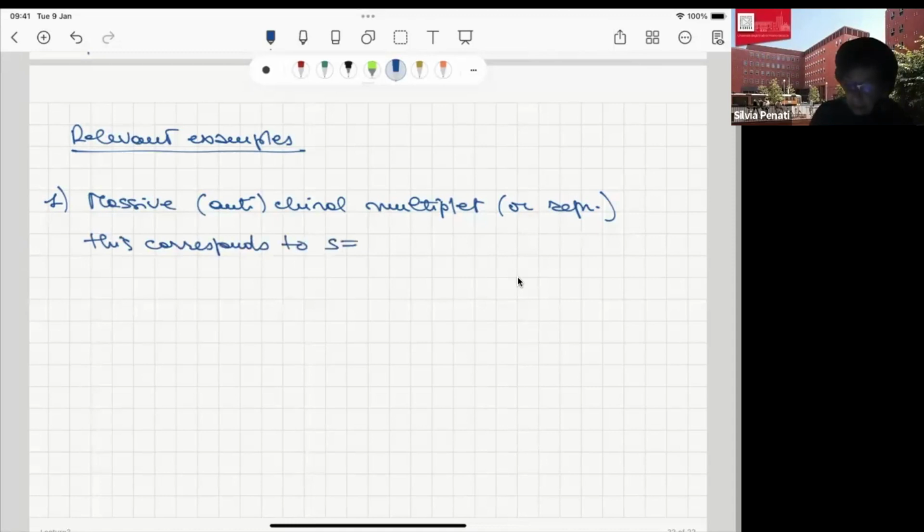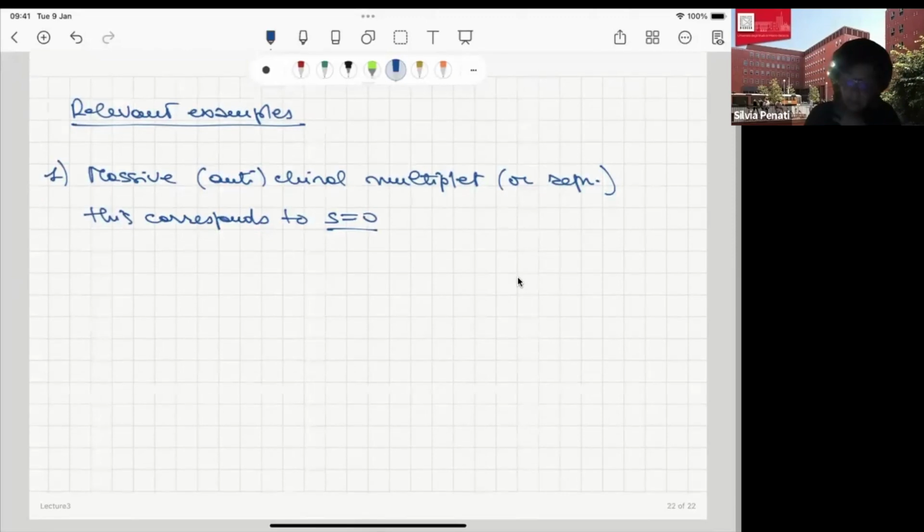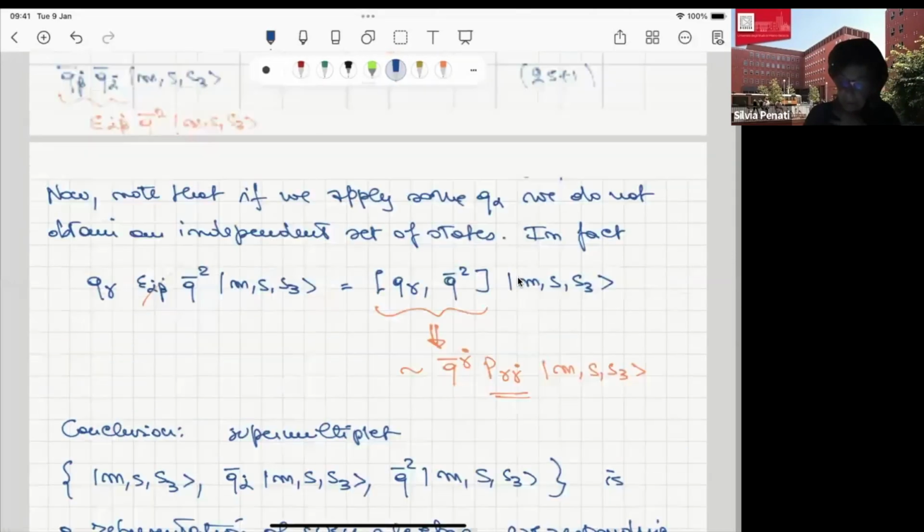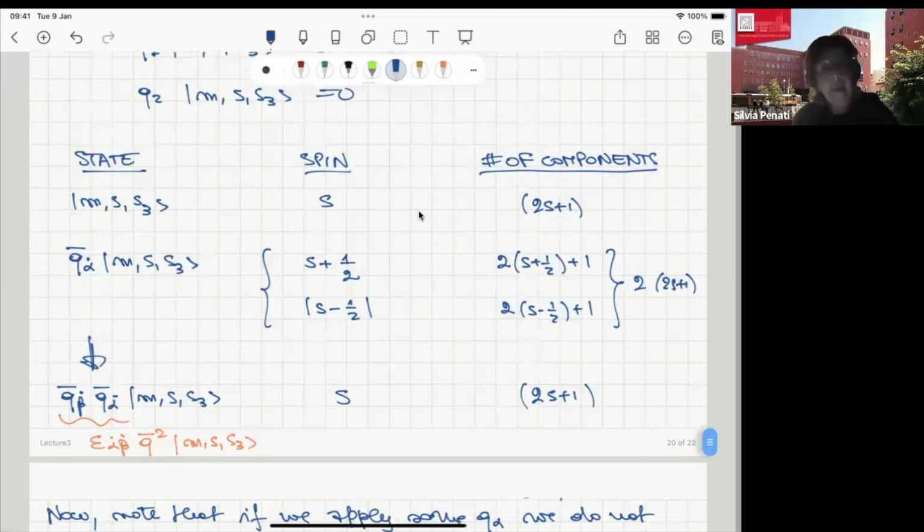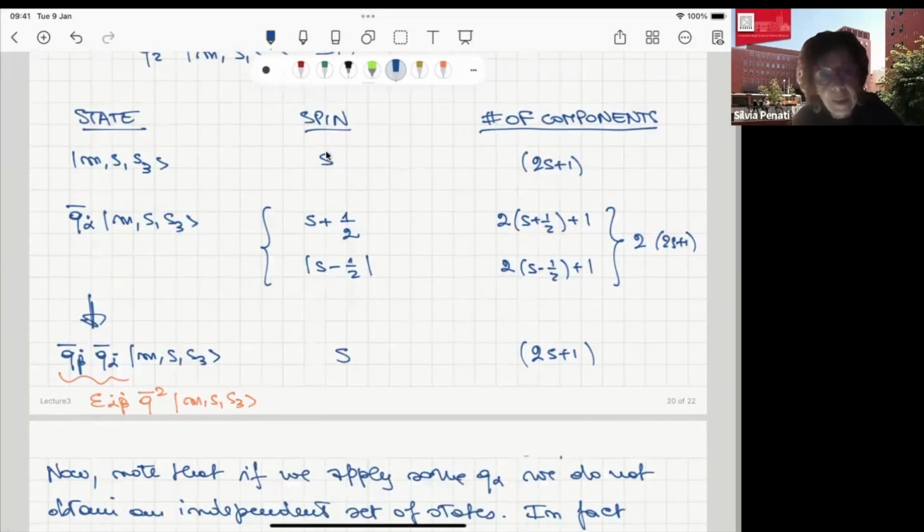So in the previous table, we simply set s equal to 0. You will start with the lowest spin state, which is 0. Then when you apply 1 q bar, with s equal to 0, you will simply get a new state with spin 1/2. And when you apply 2 q bars, you are back to spin 0.